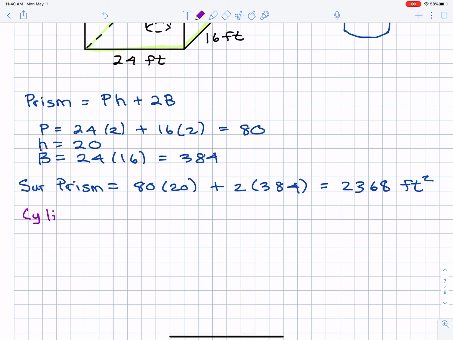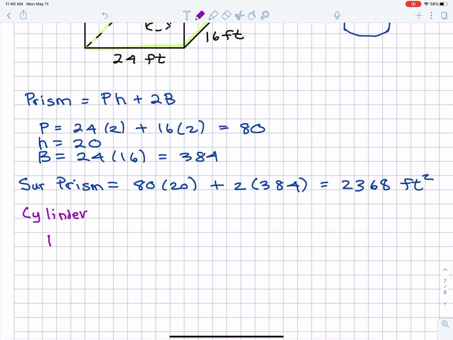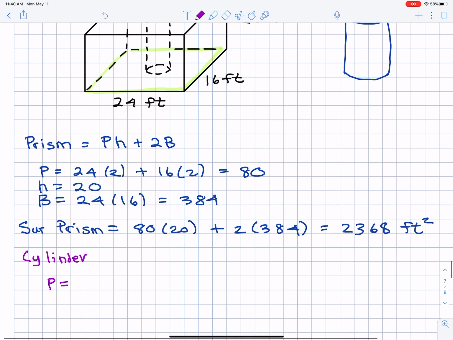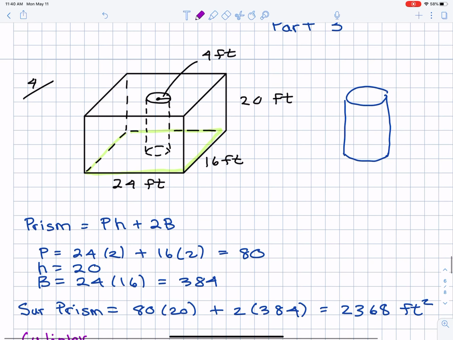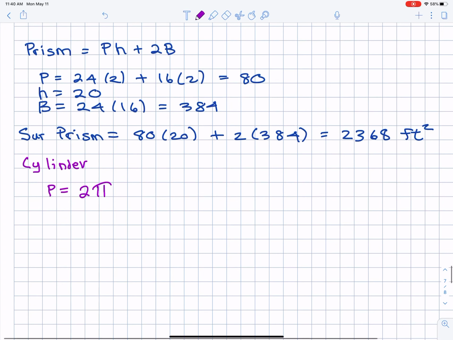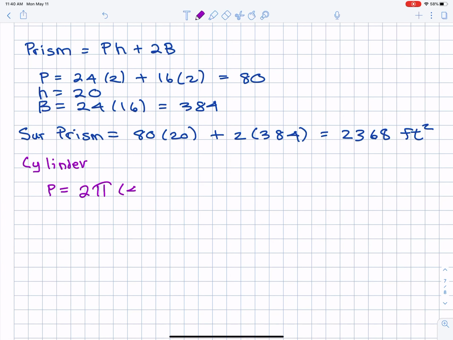So cylinder. As we know, for a cylinder, let's think of what we have to do. We need to know the perimeter, which in this case, as always, is the circumference of the circle. So that's 2 pi r, where r is 4 feet. So that's 2 pi times 4, which is 8 pi.